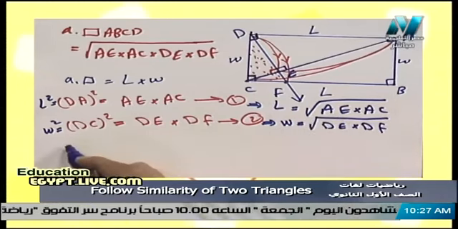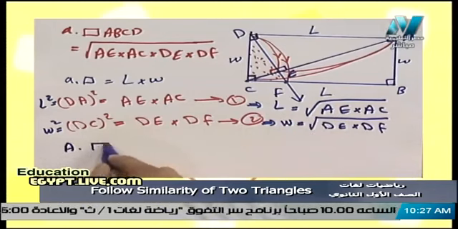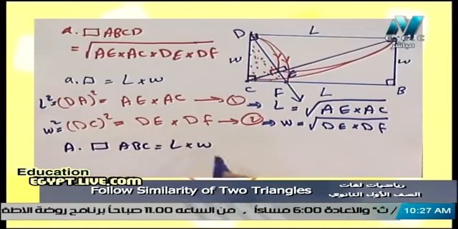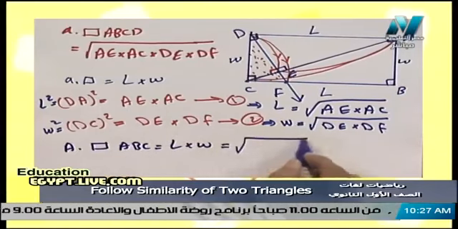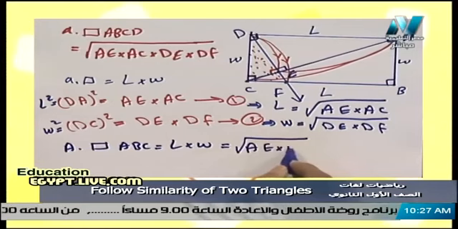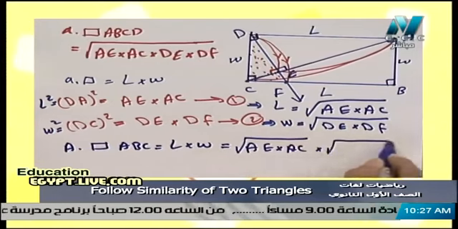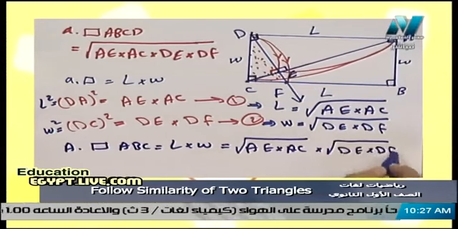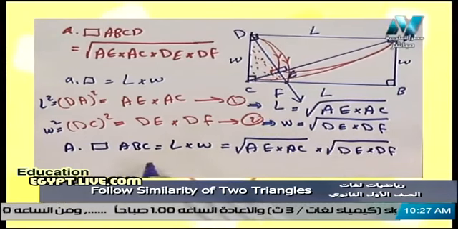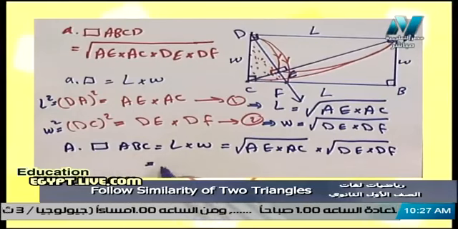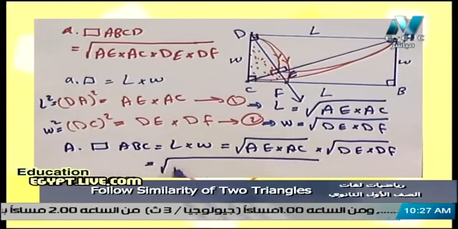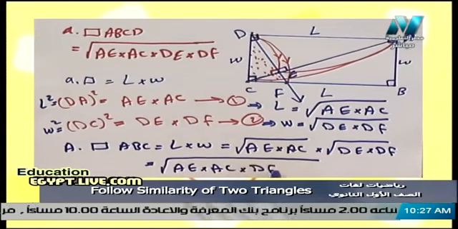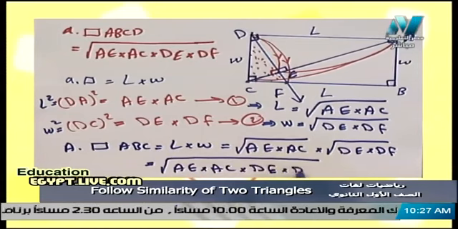So by multiplying, the area of rectangle ABCD equals length multiplied by width, which is square root AE multiplied by AC times the other square root, which is DE times DF.